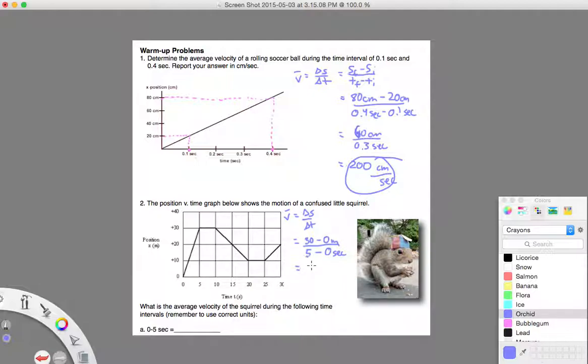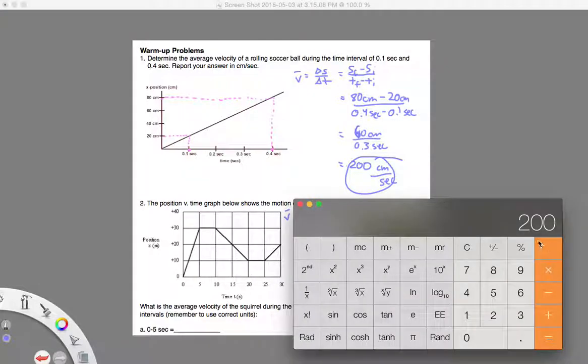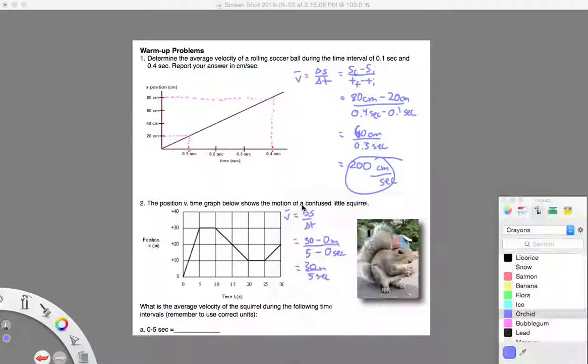So overall, it's going to be 30 meters over 5 seconds. We want to reduce it as much as we can. I'll use a calculator just because I can. 30 divided by 5 is, you know it, 6. So it's 6 meters per second. I'll write down 6 meters per second down here.